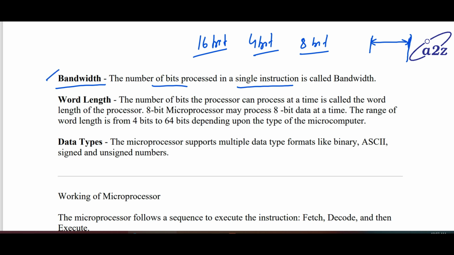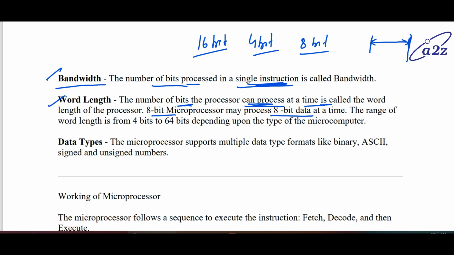Next is word length. Word length is the number of bits the processor can process at a time. Now, there is a difference: bits processed in a single instruction and bits processed by the processor at a time. So an 8-bit microprocessor may process 8-bit data at a time.